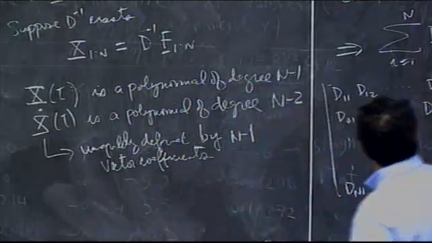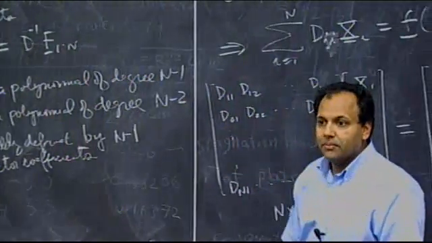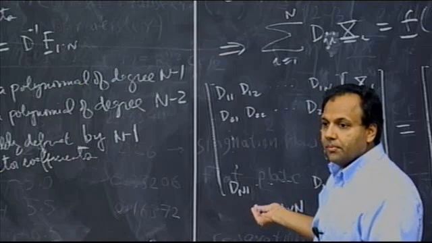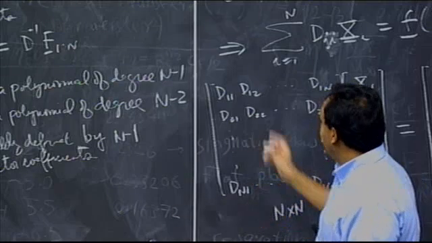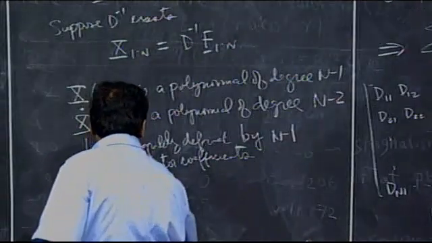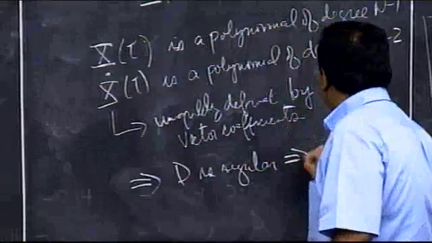So I have an overdetermined system, which means what has to be true about this matrix? It's singular, right? So this means that D is singular, which means D inverse does not exist.